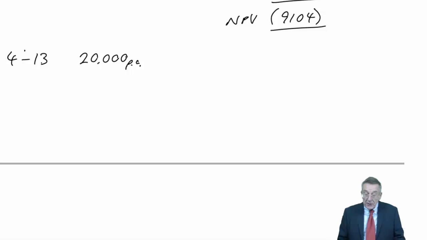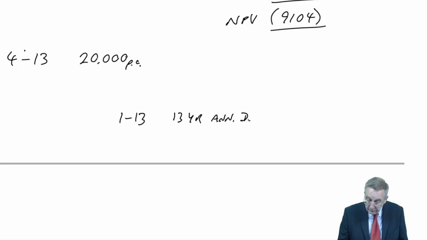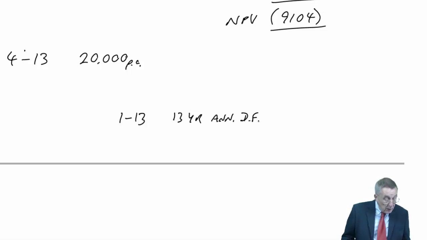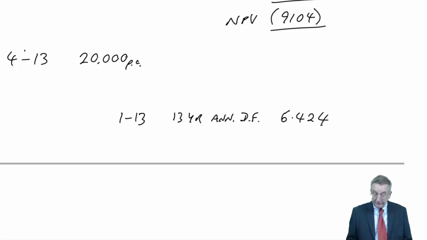And so what we need to do is a tiny bit of workings. We can look at the total for 1 to 13. That's the 13-year annuity factor, which, what was it? 12%. So 12% column, 13 years, is 6.424.